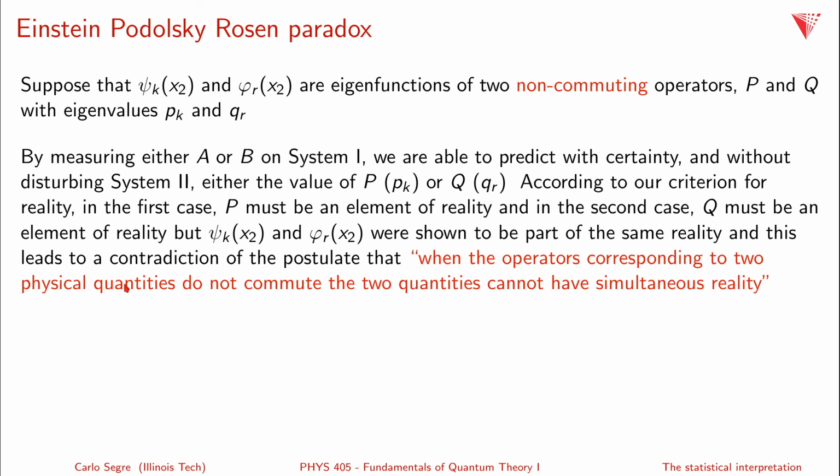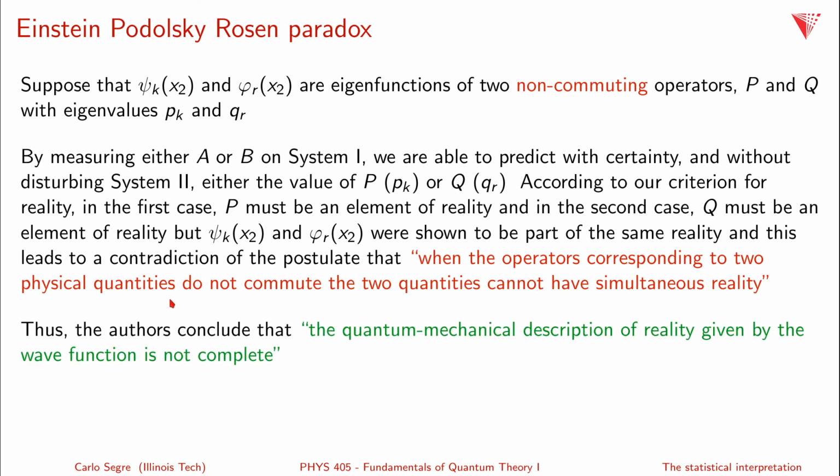But if P and Q don't commute, we shouldn't be able to predict each one with certainty. We showed that with momentum and position, if you predict one, the other one cannot have a reality as well. It has an indeterminate value. So this is a contradiction.